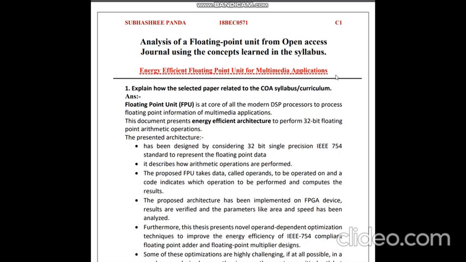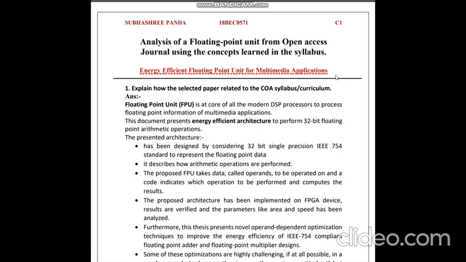And this article presents an energy efficient architecture to perform 32-bit floating point arithmetic operations, and the presented architecture has been designed by considering the 32-bit single precision IEEE 754 standard to represent the floating point data. It also describes how the arithmetic operations are conducted and performed.